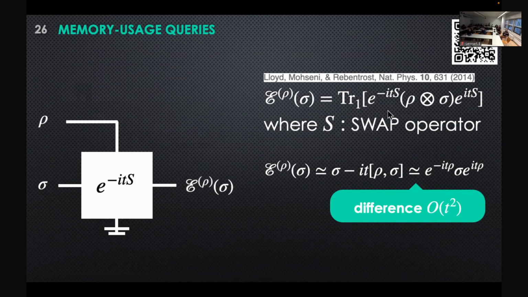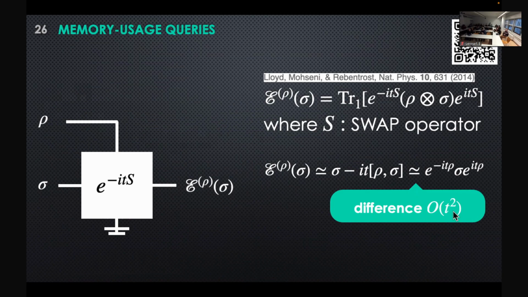So you do the exponential of swap to rho times sigma, memory times the working state, and you trace out the memory state afterwards. And then, surprisingly, this approximates this unitary evolution of sigma, the working state. The implementation error is proportional to t squared, where t is the duration.